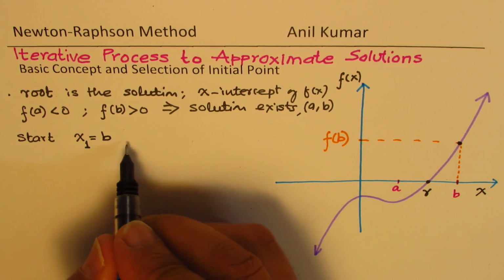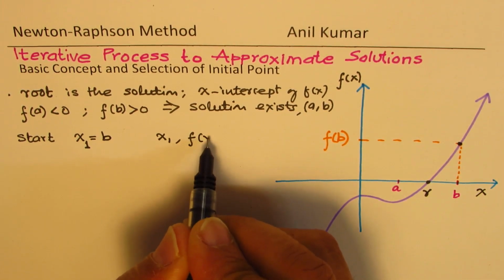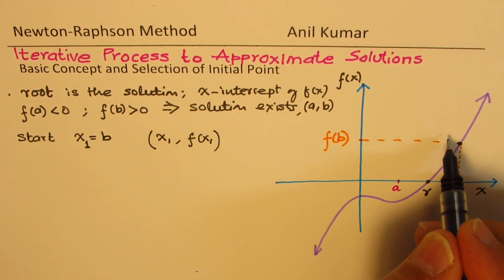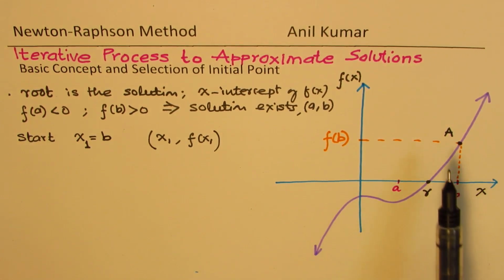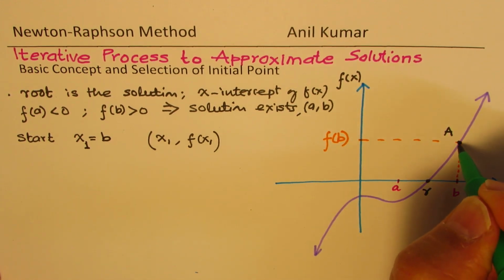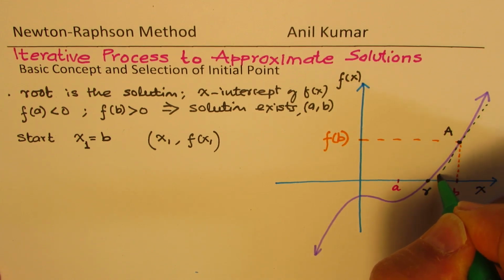So this point is x1, f of x1, right? Let's call this point capital A. Now, at point A, if I draw a tangent, let's say this is the tangent line at A.